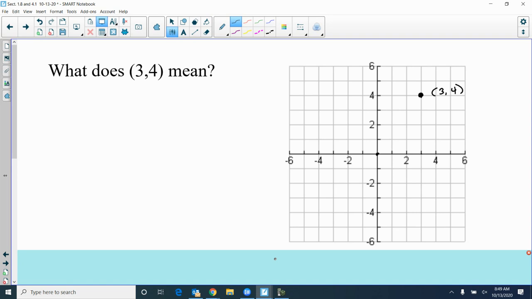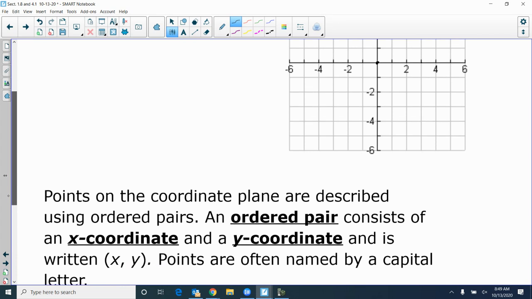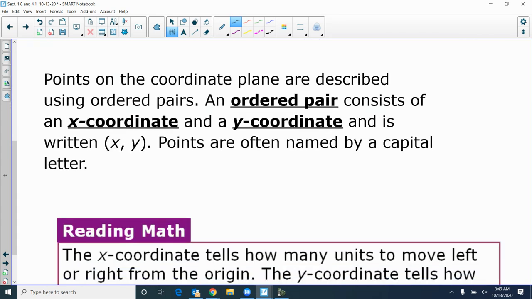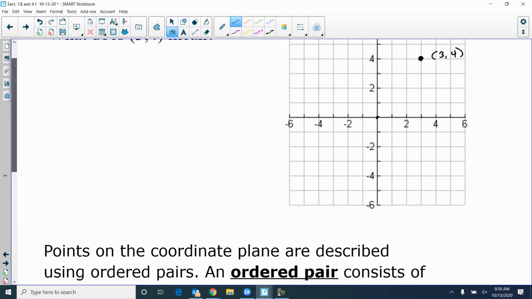Latitude and longitude are kind of like ordered pairs. They tell you which way you go left and right, and which way you go up and down. So just making sure you know that. Points in the coordinate plane are described using what's called an ordered pair: 3, 4 with parentheses. You got an x coordinate. The x is always first.